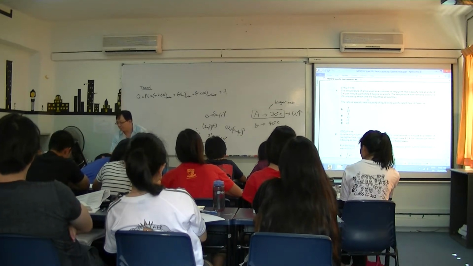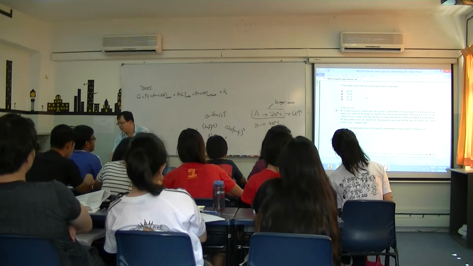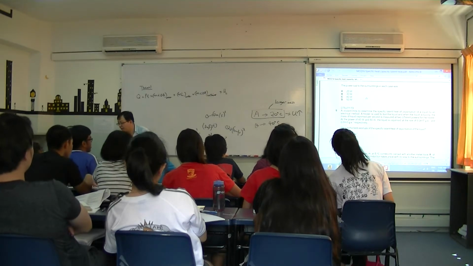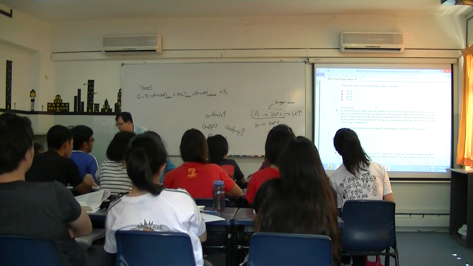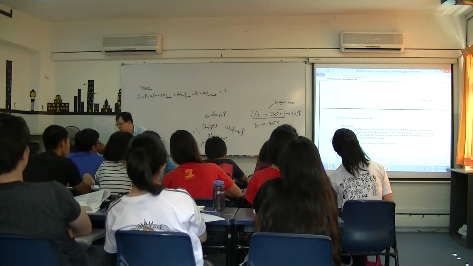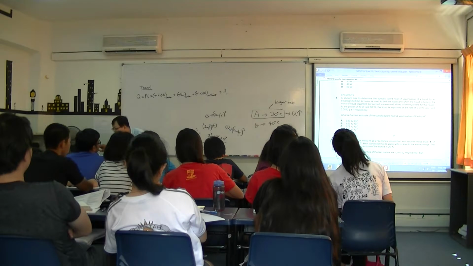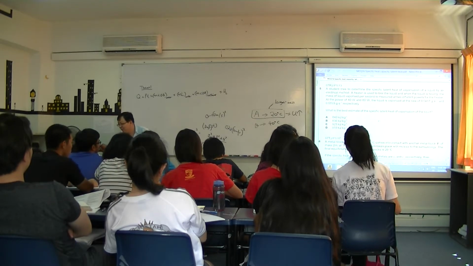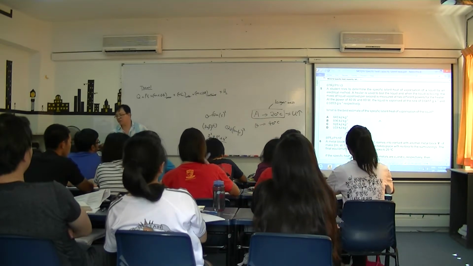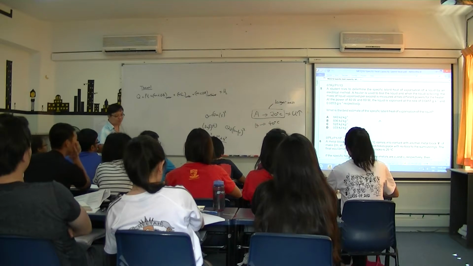Okay? Now, we have one very good question for A level from RJC. Wait, let me see. No. RJ no good. This one. Got it. RJ. Now, number 5. Everybody, based on what I taught you, try number 5. This is an A level question.